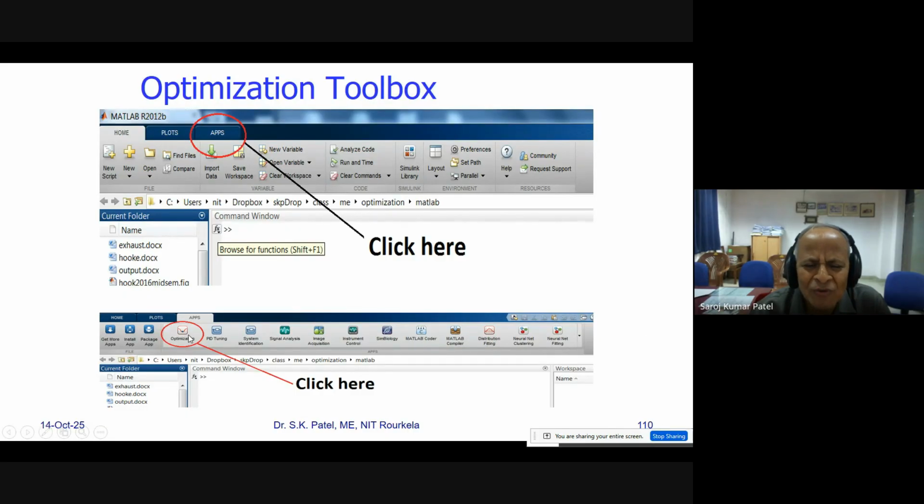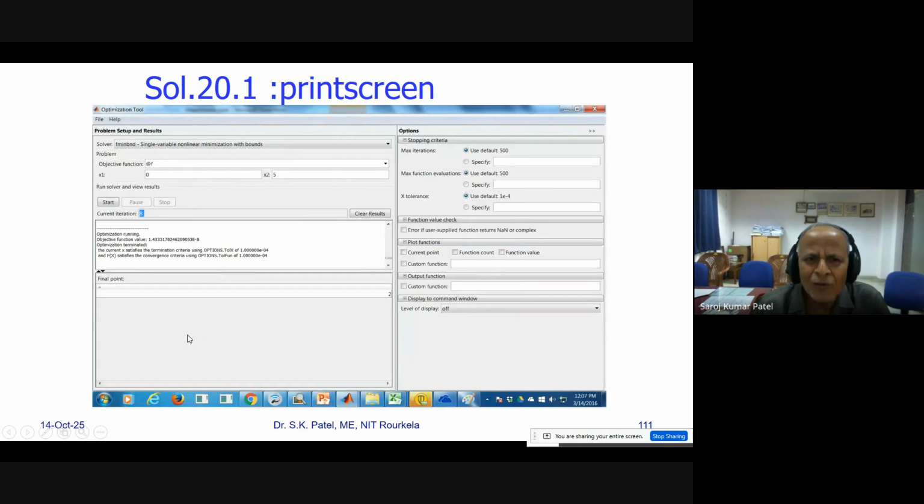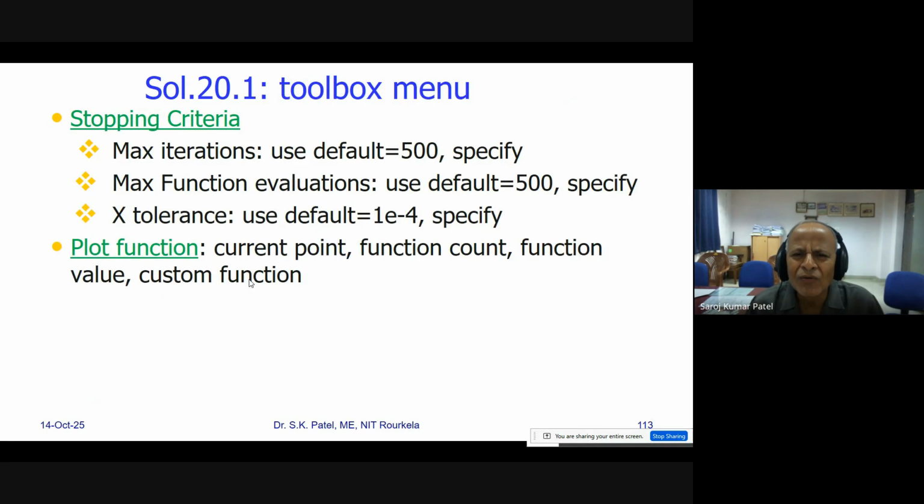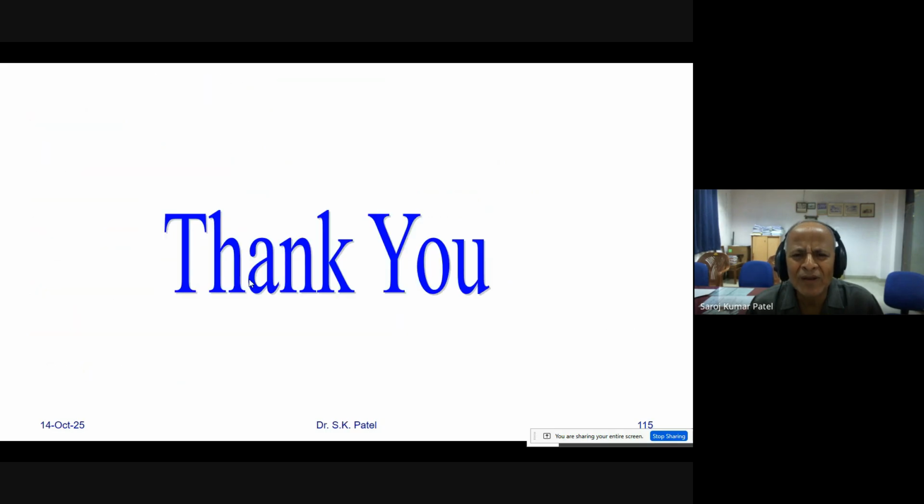In that optimization, you click, and this window will appear. But in the latest version, this type of optimization toolbox window is not there. So there also you can select fminbnd and solve it. So let us not discuss this, because in the latest version this feature is not available. You write that command at the command prompt and you can get the result.